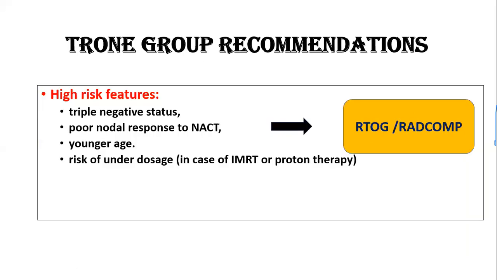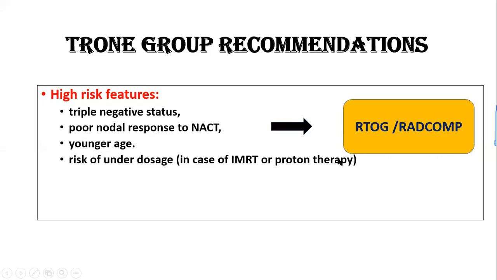Now they have again come up with the high risk features. So what are the high risk features that they actually looked upon? High risk features are triple negative disease, poor nodal response to neoadjuvant chemotherapy, and younger age. And when we are treating our patients with IMRT and proton therapy, because of the risk of underdosage, we should always try to follow RTOG or RADCOMP guidelines.